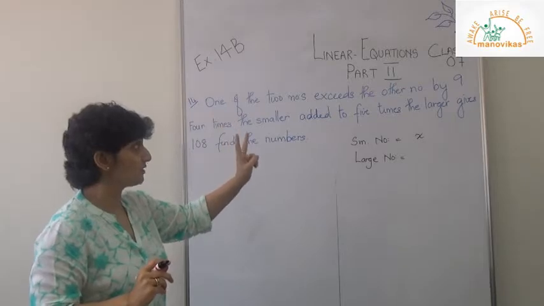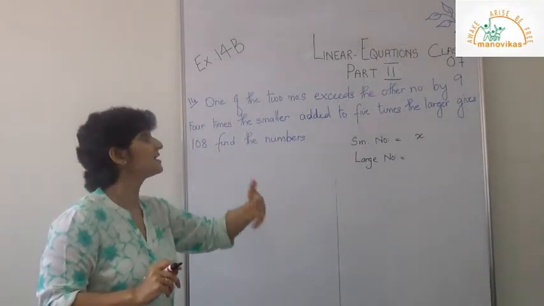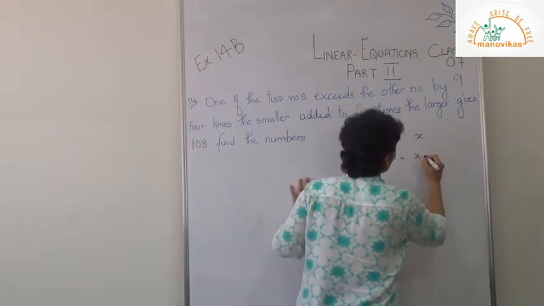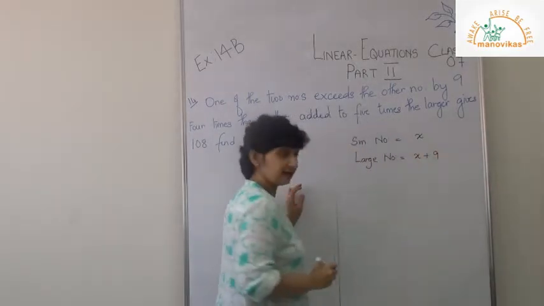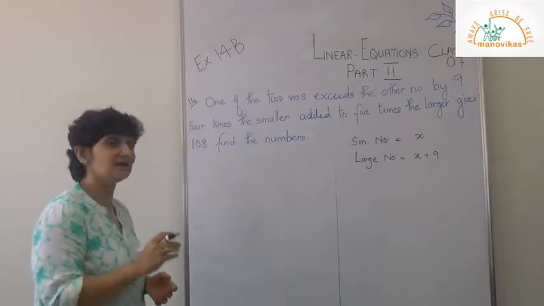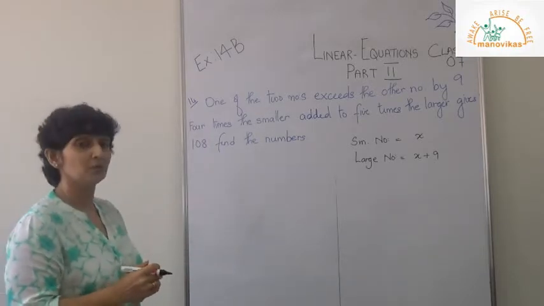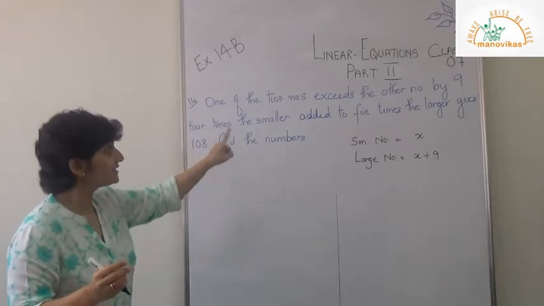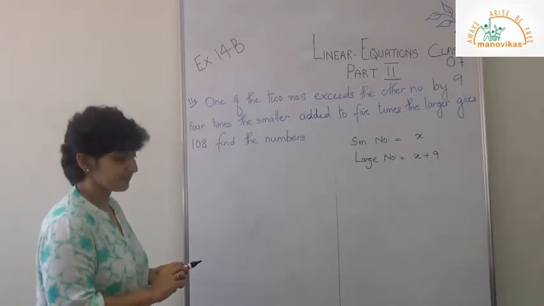Right? One of the two numbers exceeds the other by 9. That means my larger number will be x plus 9. Okay, so my smaller number is x, then my larger number would be x plus 9. Now they are saying 4 times the smaller, correct?